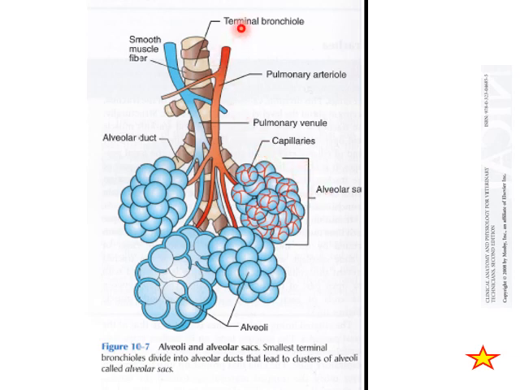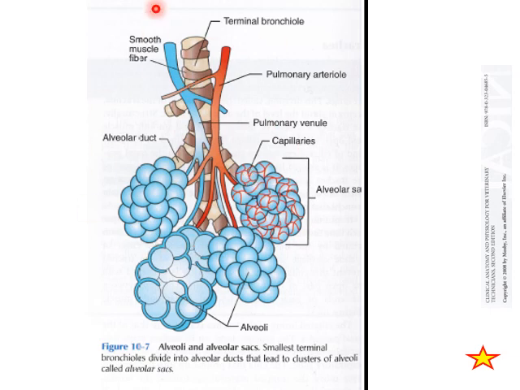We have an artery feeding those capillary beds, and then the vein taking it back. The colors are wrong in this case. The artery should be blue. The vein should be red.